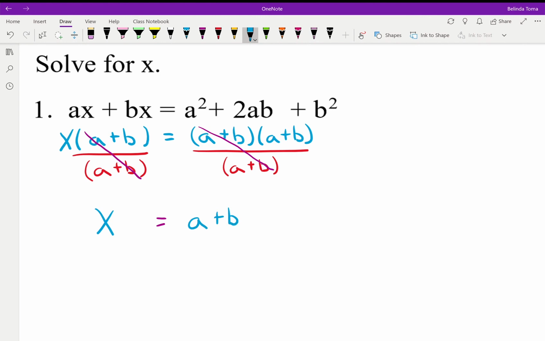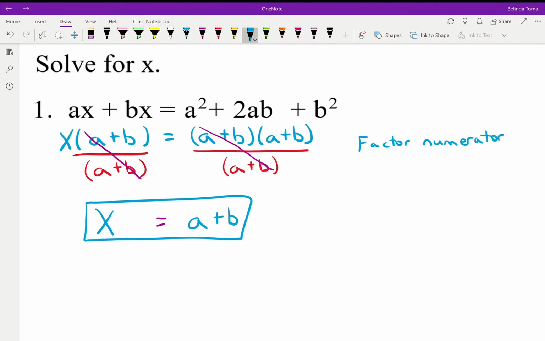So in this one, we would say x is equal to a plus b. Now, it didn't ask us for any restrictions, so we can just leave it like that. So I'm just going to remind us that here we're going to factor the numerator, and then we're going to divide by a plus b.